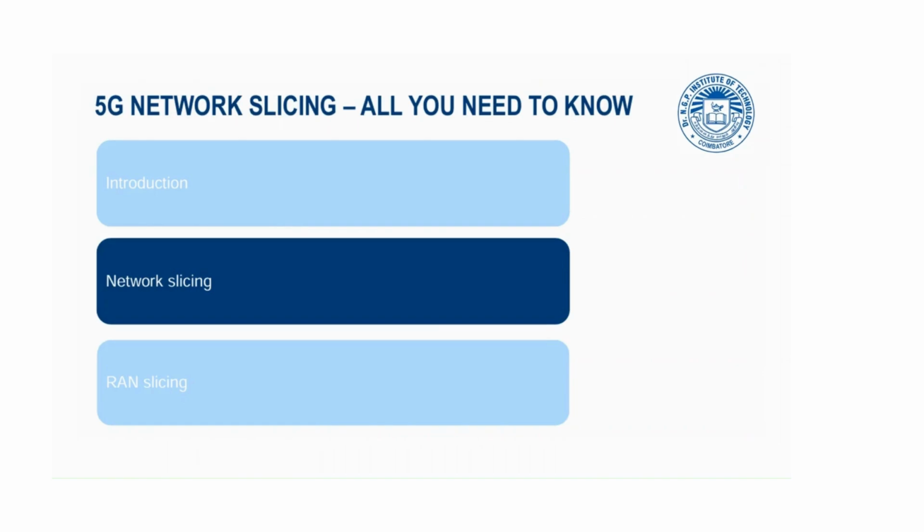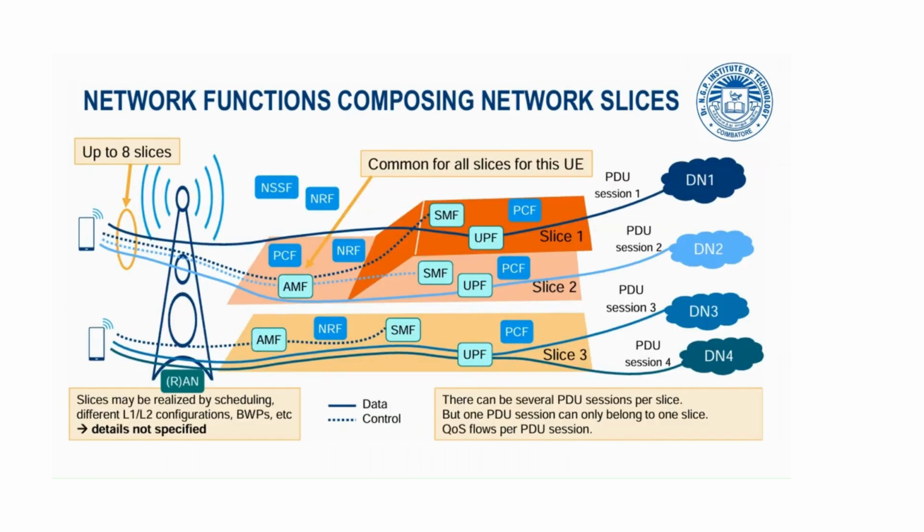Next, we'll go into detail on what network slicing is. Here in this slide, we can see that up to 8 different slices can be supported, each represented by a different colored path, and each slice is a virtualized end-to-end logical network that can be tailored for a specific application or service requirement.